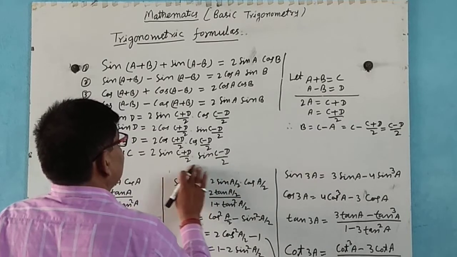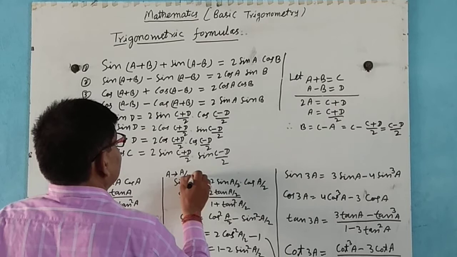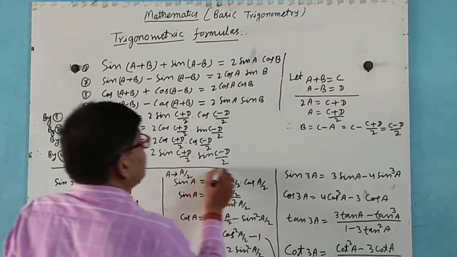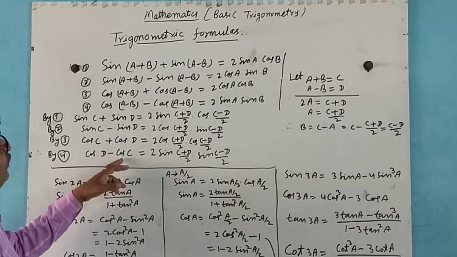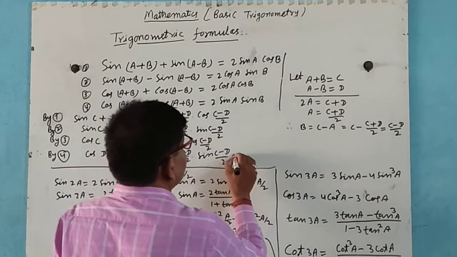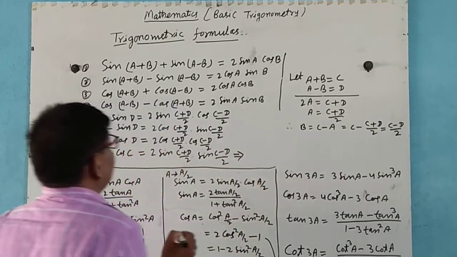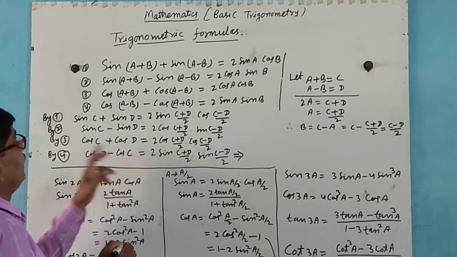Now here cos D minus cos C, and for convenience this formula can be written with the negative sign changed here and here.